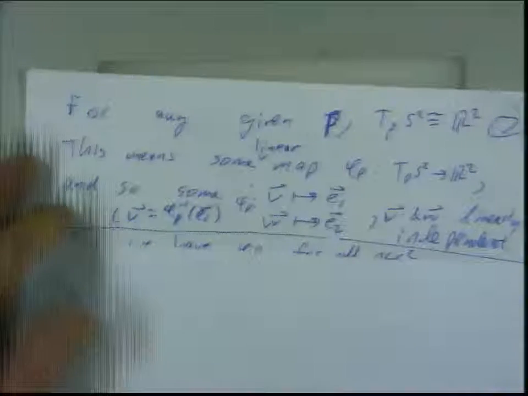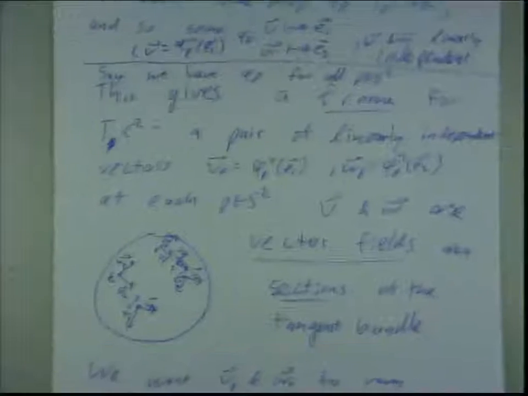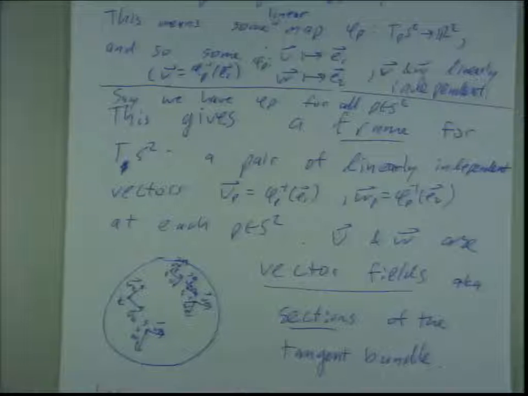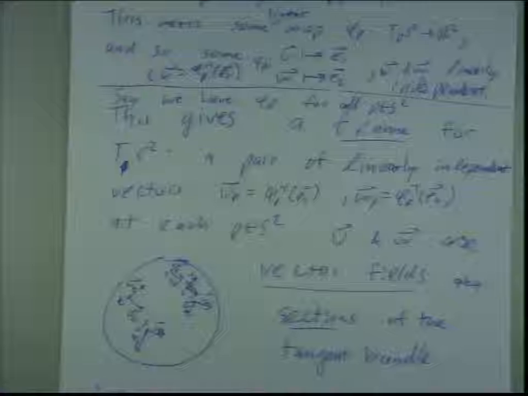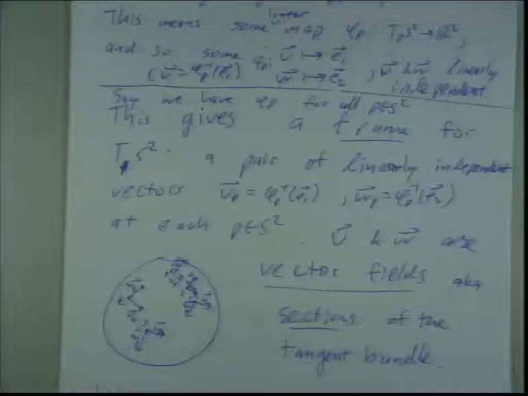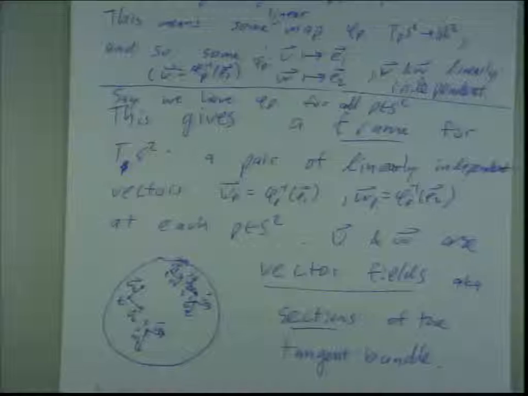Okay. And now say you could do this for all points in the sphere. Then that would mean for every point on the sphere, you have one vector that you identify with E1 and another vector you identify with E2. So this is what's called a frame for the tangent bundle. That means that you've got a pair of vectors at every single point on the sphere.